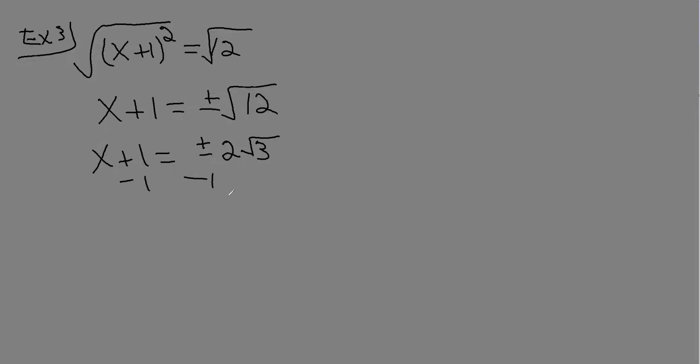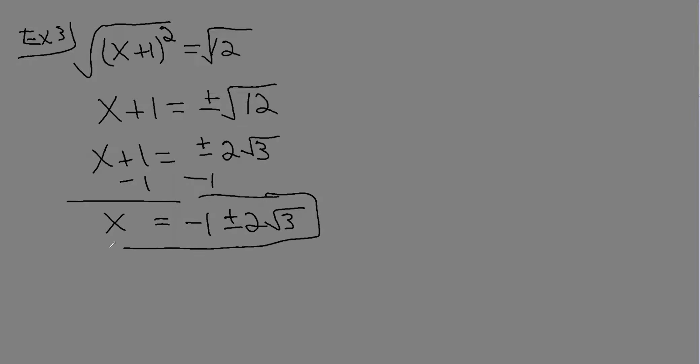I've got x on the left side equals this minus 1. I'm not combining it with the 2 root 3 at all. I'm going to put it in front of the plus and minus sign. So it's going to look like negative 1 plus or minus 2 square root of 3. And this now is my solution. X equals negative 1 plus or minus 2 root 3.